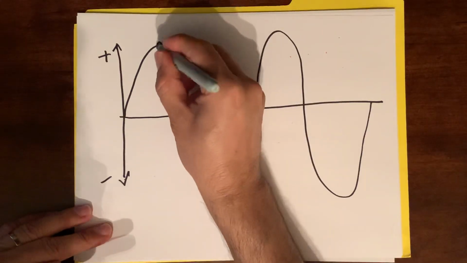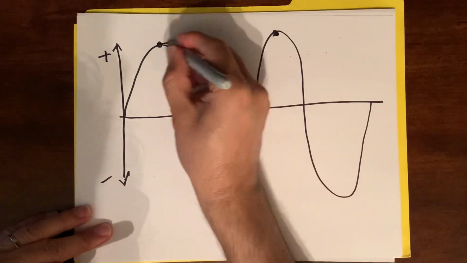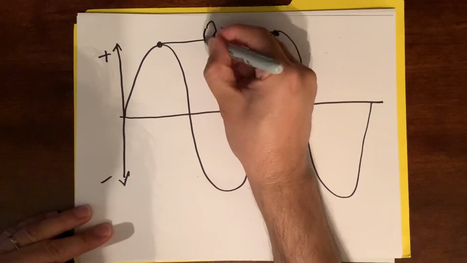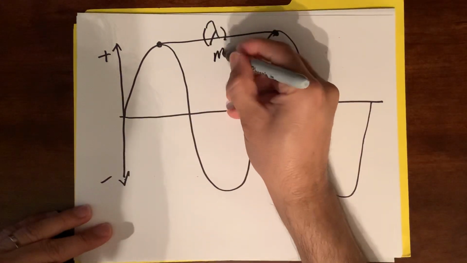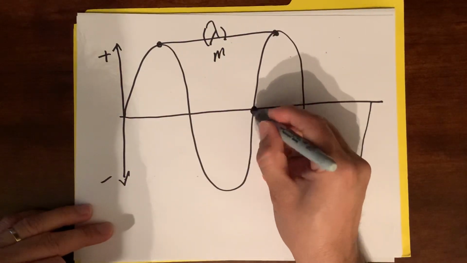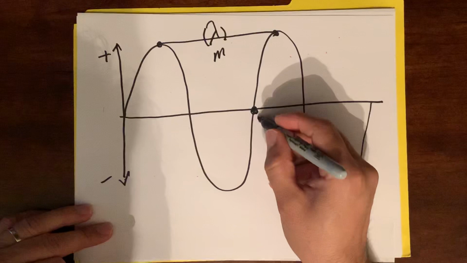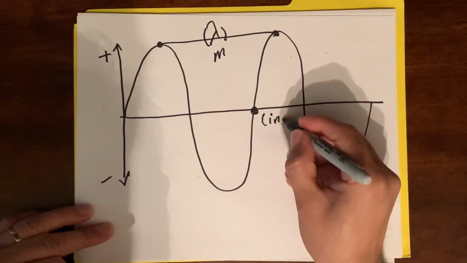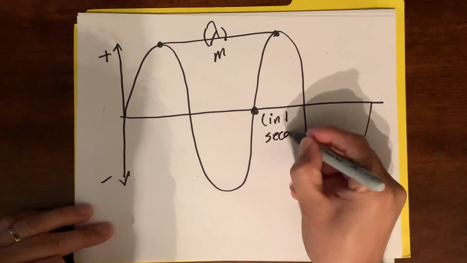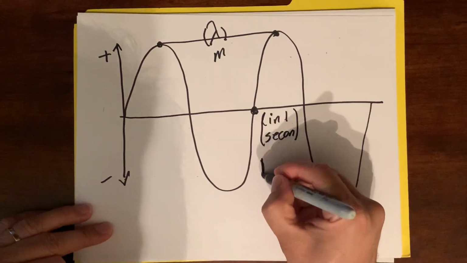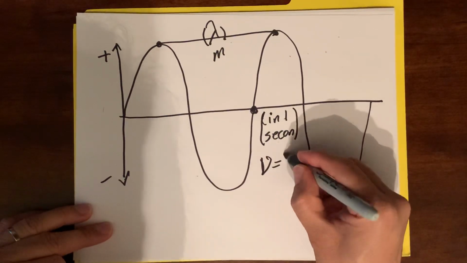We said the distance between 2 identical points is the wavelength, and its unit is meter. The frequency is number of cycles per second. So if we click here, 1 cycle in 1 second, that means frequency nu is going to be 1 hertz.